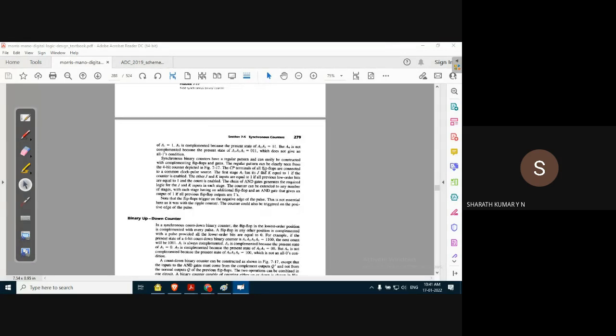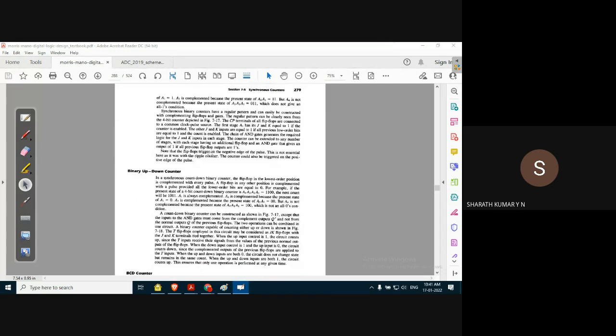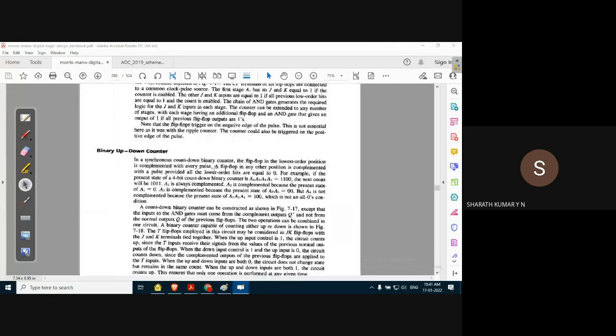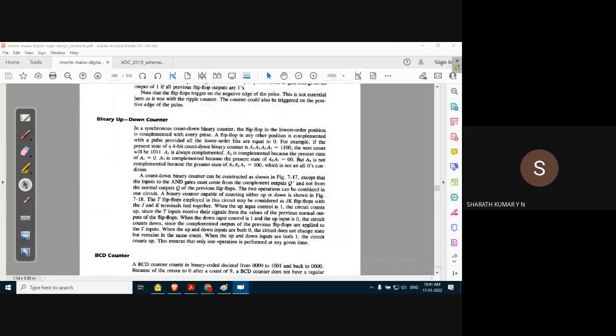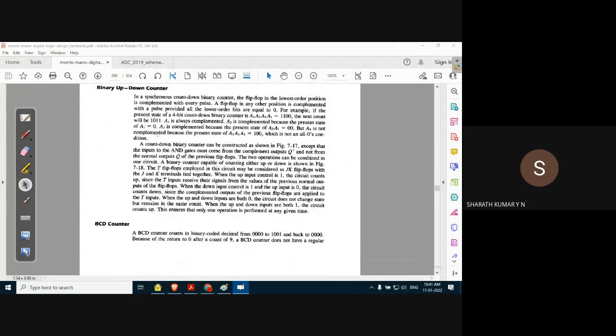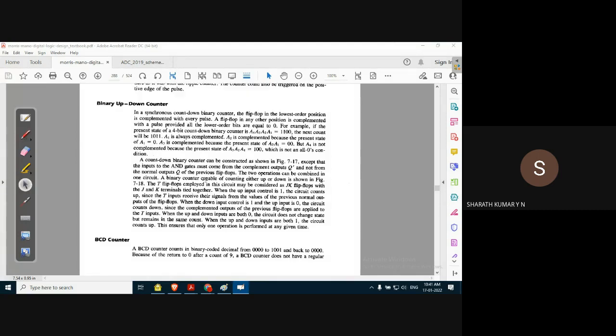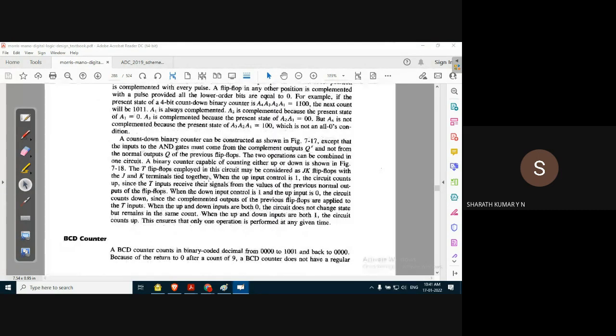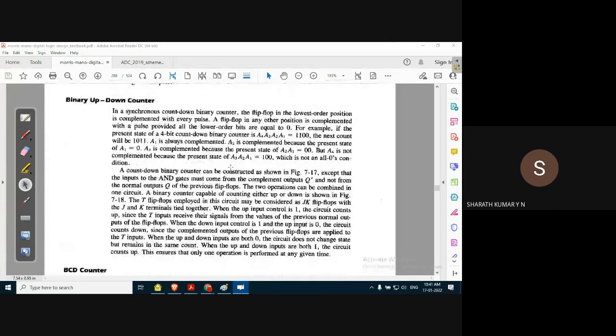The same thing is explained here, for each stage, how it changes. Binary down counter. Yeah, binary down counter, except that the input to the AND gate must come from the complement output of the flip flop, not from the normal output.